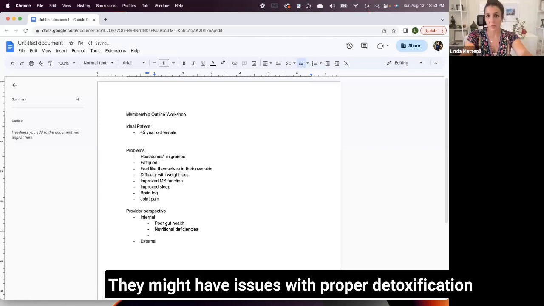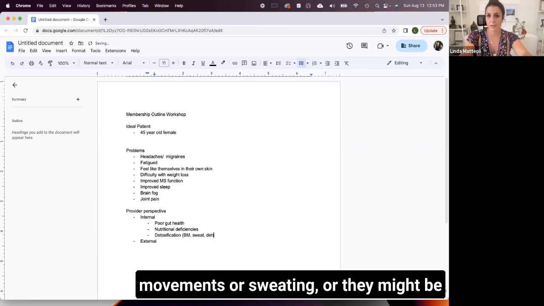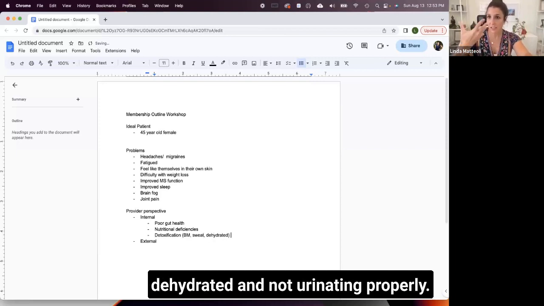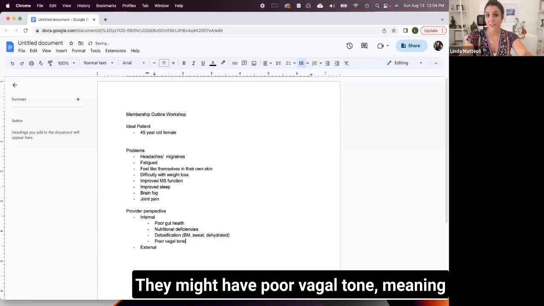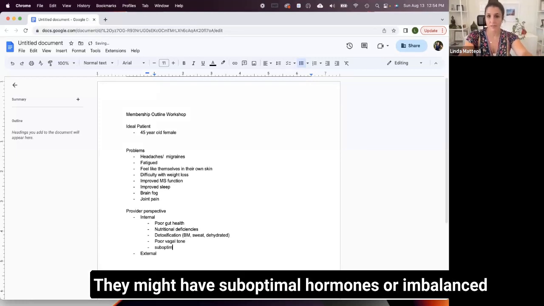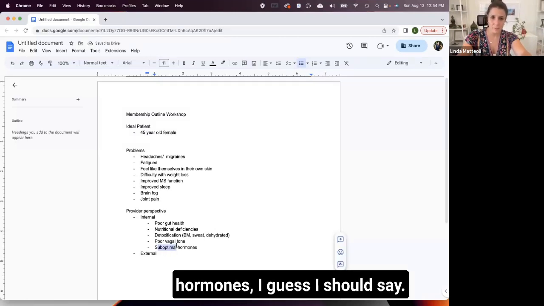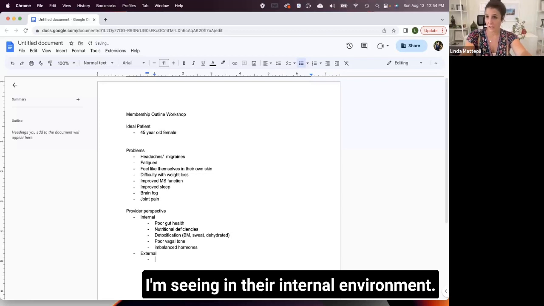They might have issues with proper detoxification in terms of not having adequate bowel movements or sweating, or they might be dehydrated and not urinating properly. So things like that. They might have poor vagal tone, meaning that their stress response is suboptimal. They might have suboptimal hormones or imbalanced hormones, I guess I should say. So those are typically the issues that I'm seeing in their internal environment.